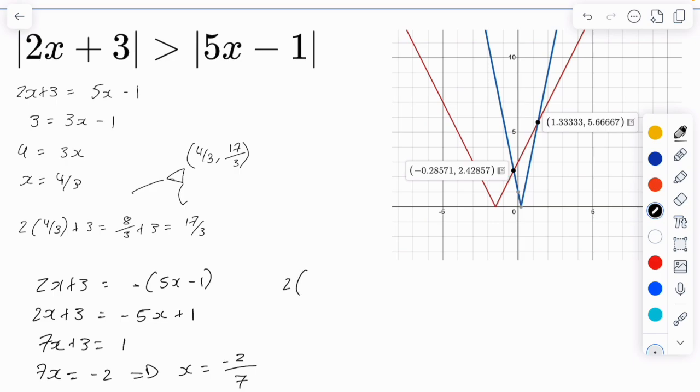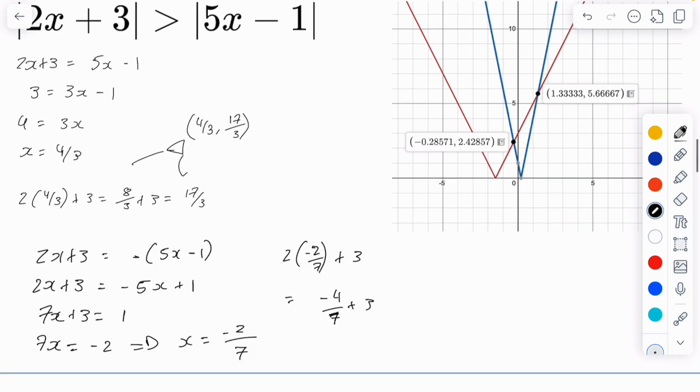So do 2 times minus 2 over 7, minus 4 over 7 plus 3. Okay, that's going to give us 2.42857.